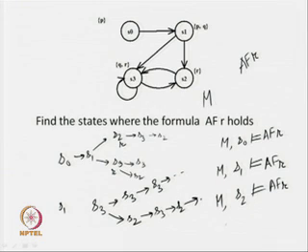So we say that in model M, S3 also models AF R, in all paths in future R is true. So individually we have gone to each and every state and found that this formula AF R is true in all those four states. This is the way we have to look into it, because a CTL formula is a state formula; the truth value of a CTL formula is defined with respect to a state only.